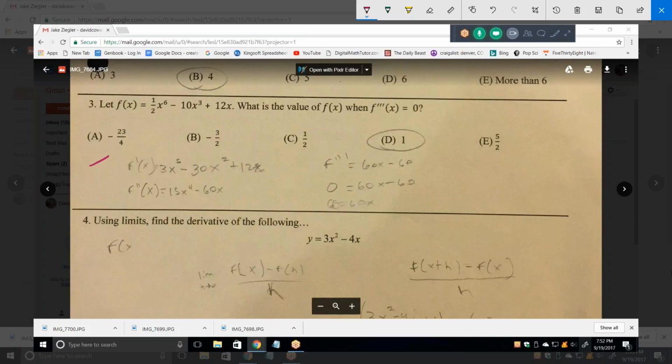You've got the second derivative, which looks correct. And you've got the third derivative, which is 60x to the third power minus 60. That's the third derivative. See why?